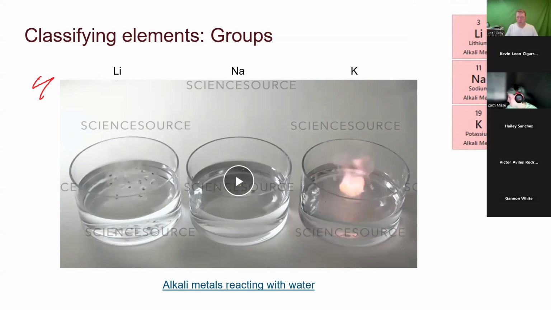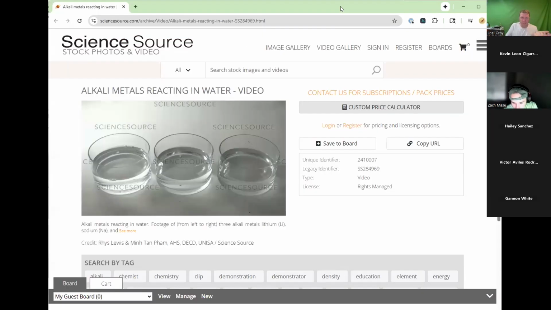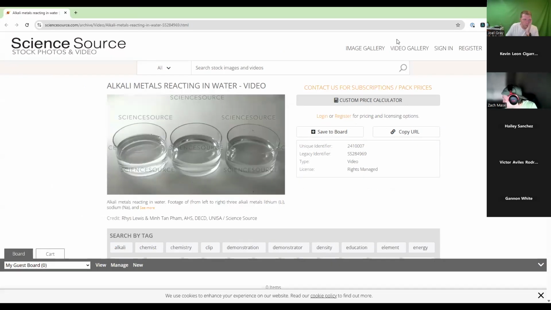And let me pull this up. So whenever I say they react violently, if you put those metals into water, they will catch fire.